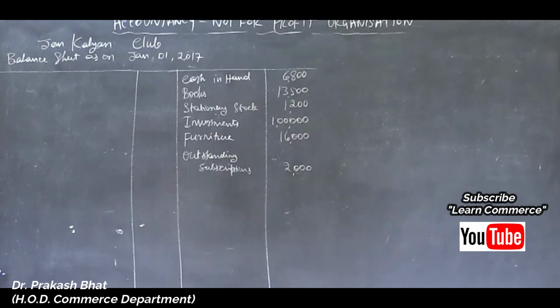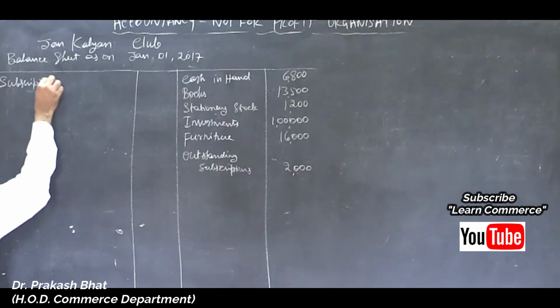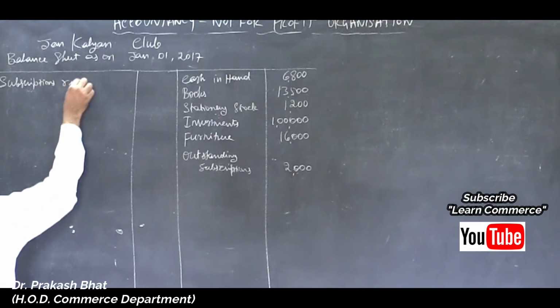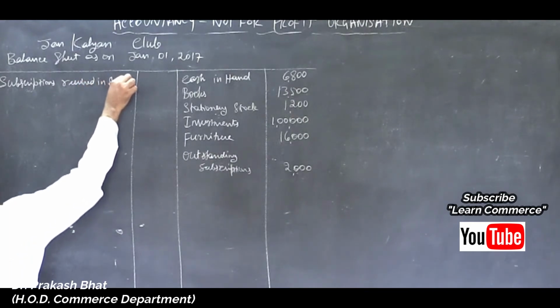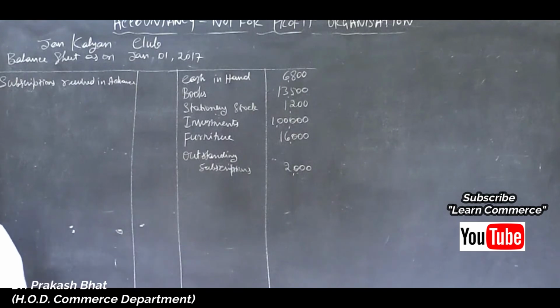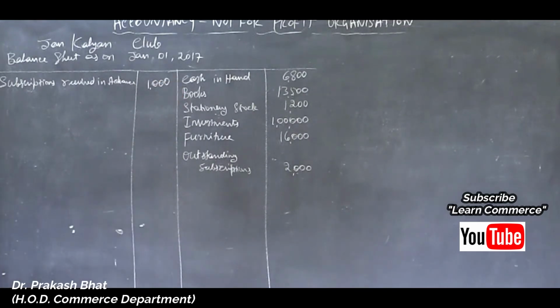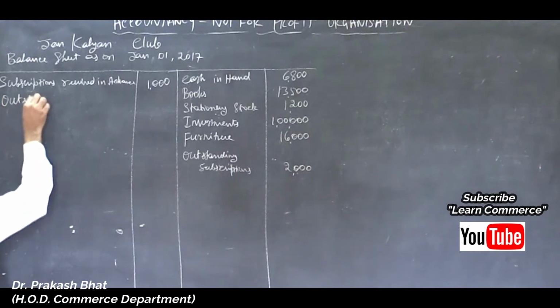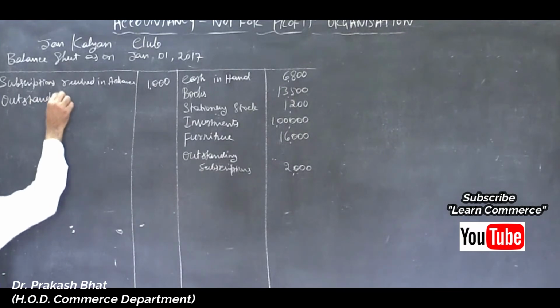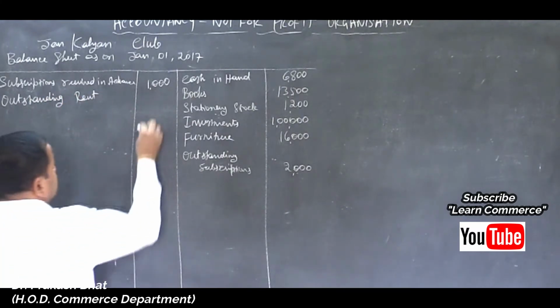Moving on to the other side, subscriptions received in advance is a liability. Received in advance how much? 1,000. Then outstanding rent. How much? 1,000.